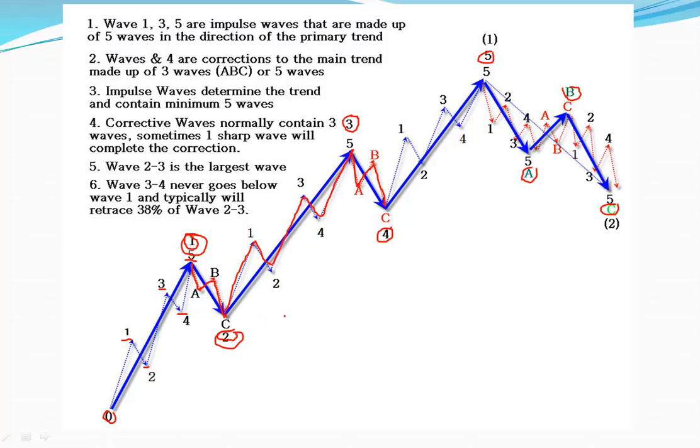Remember what we talked about earlier: we have the A to B, C to D relationship like we talked about last week. Essentially, the 1 to 2 and the 3 to 4 are that A to B, C to D relationship, the same as in every little swing on the minor trend. So during the first large swing up, let's just say the market opens and runs up for the first hour.